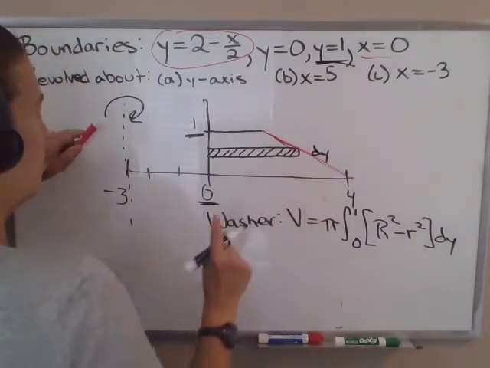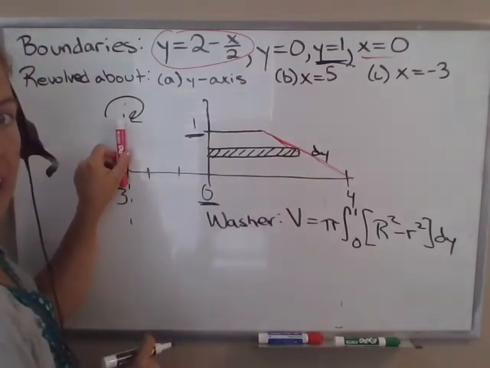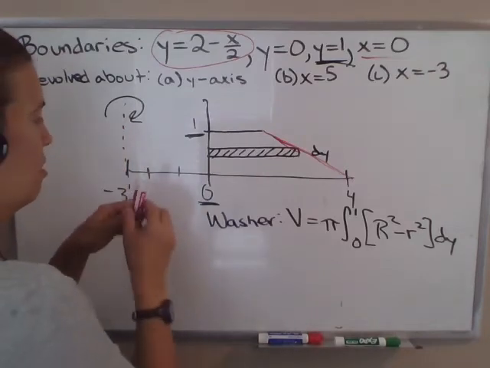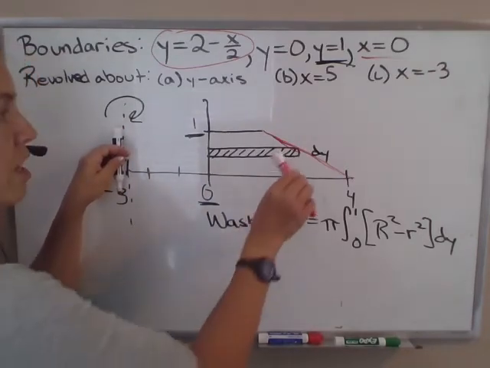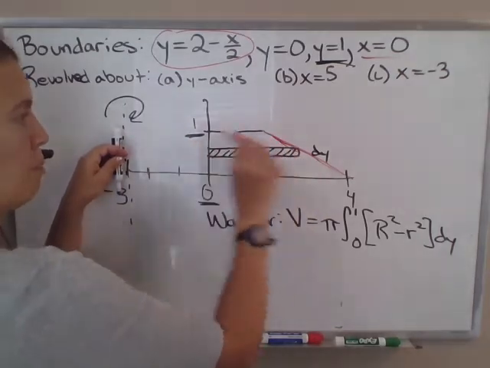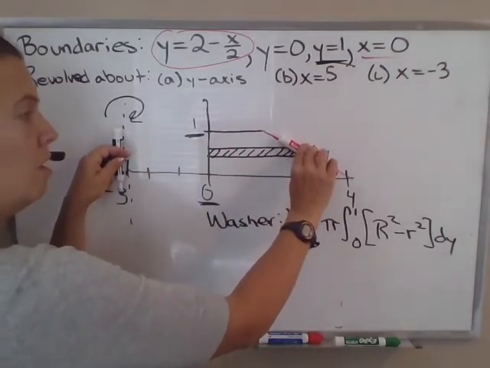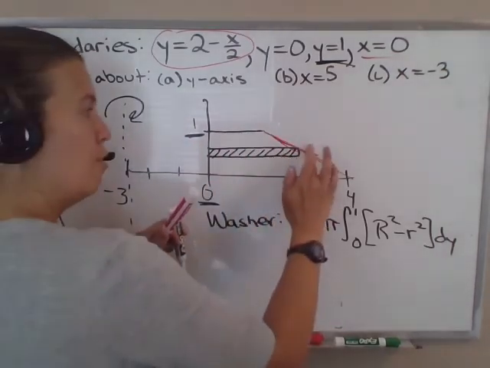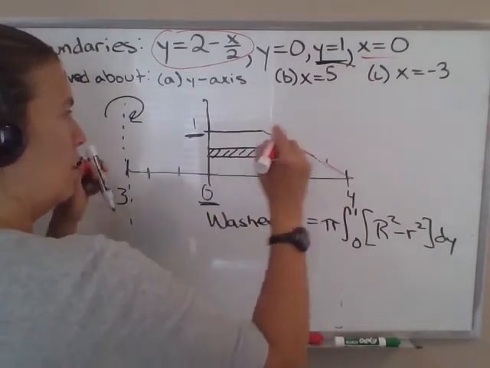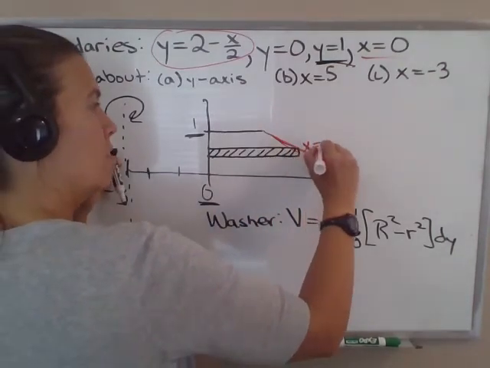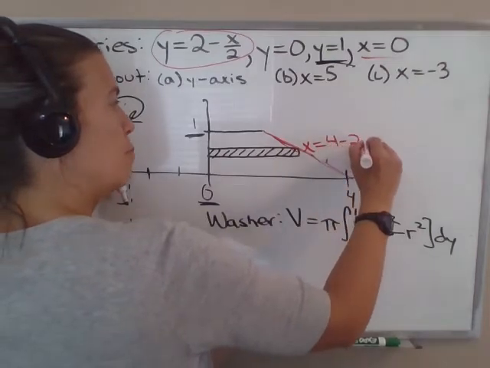Outer radius. Relative to this axis of revolution, the outer boundary will be the farther one away, which is this one. So now the outer boundary, this is different from that last example, is the x equals 4 minus 2y boundary.